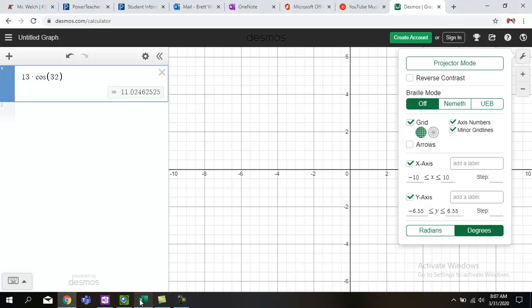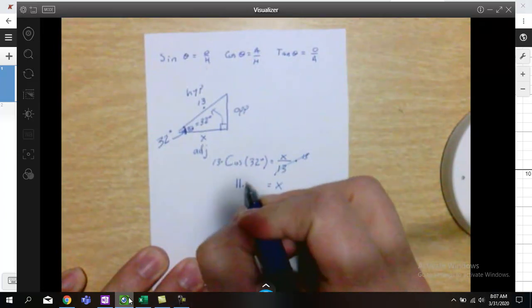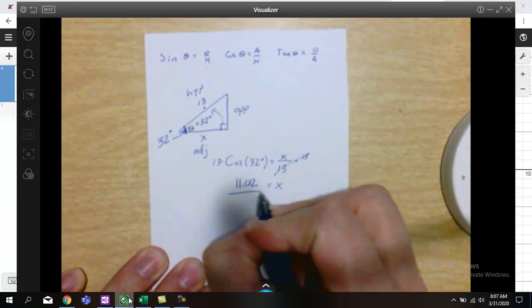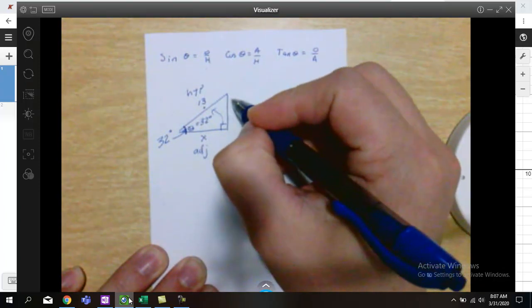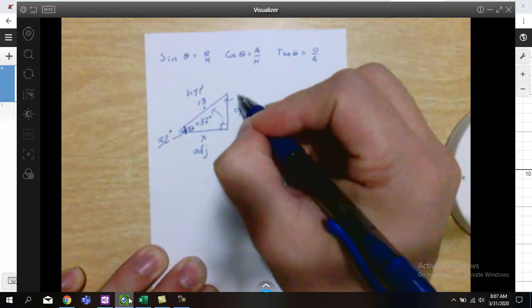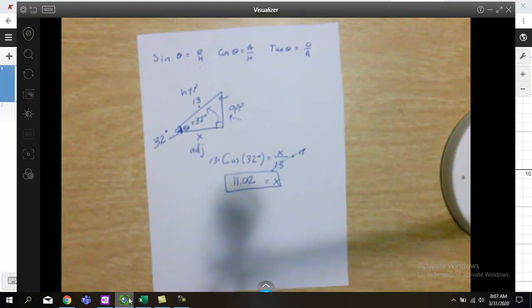So x would be 11.02. As a side note, we could find this other angle and then find this other side. That's something we're going to do in our next assignment. For today, we're just going to focus on finding one piece of information.